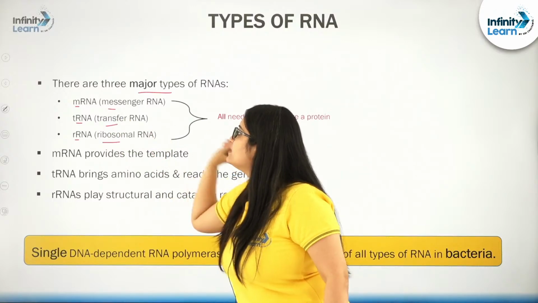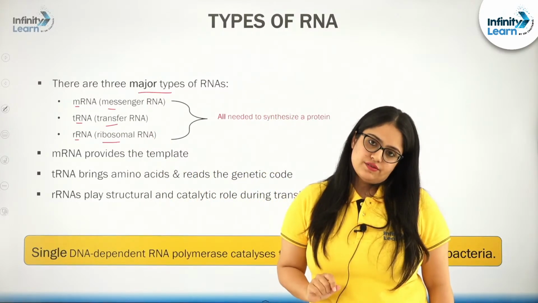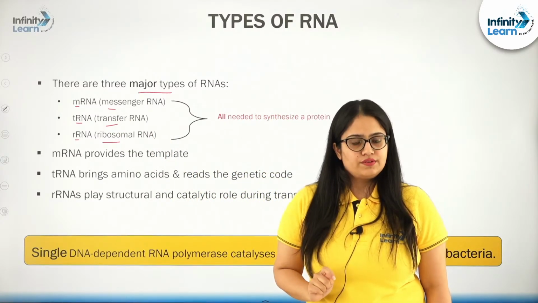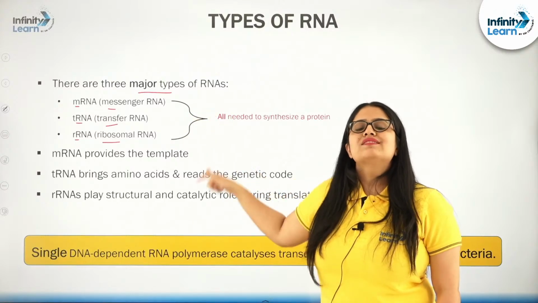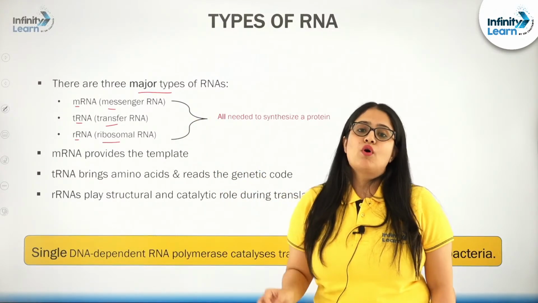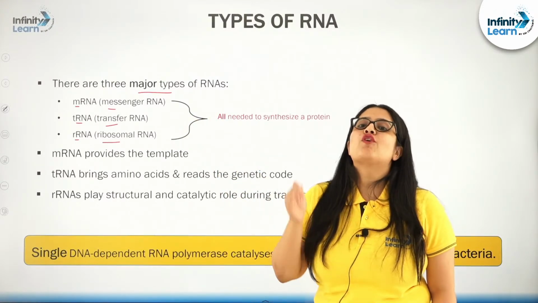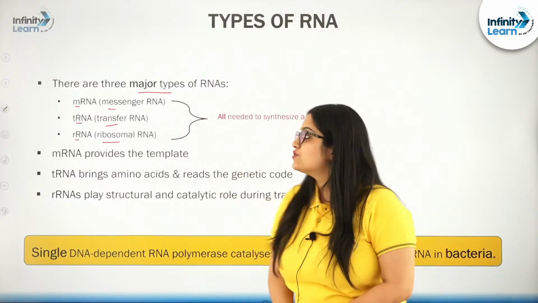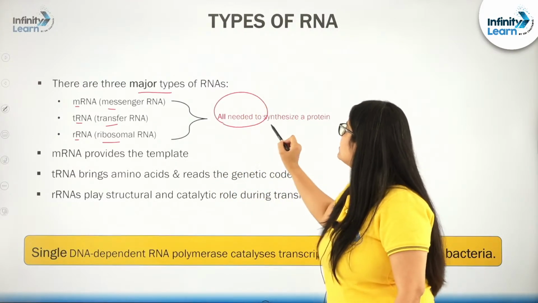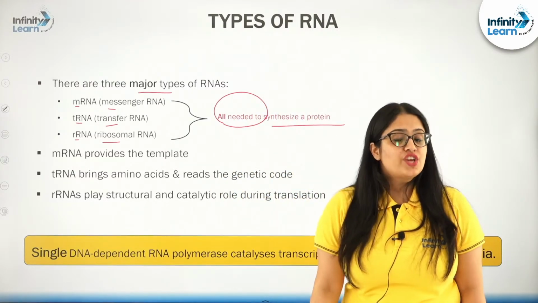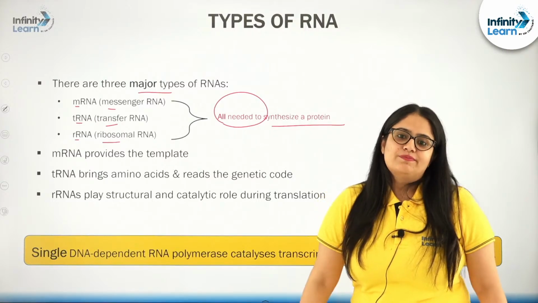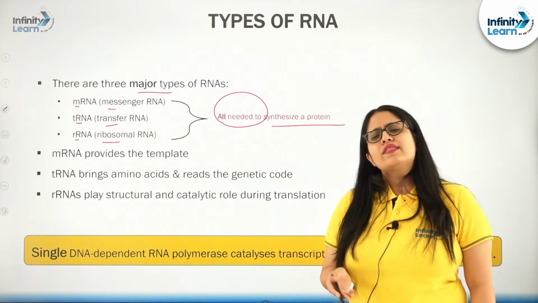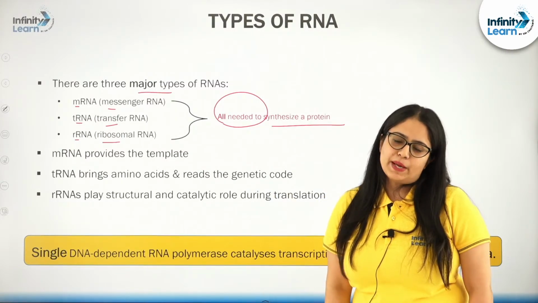Please remember these names and not to forget one very important point. All the three types of RNA are important and necessary for the formation of protein. So, all are needed to synthesize a polypeptide chain, that is a protein, right? Let us see what are the functions of these three types of RNAs.